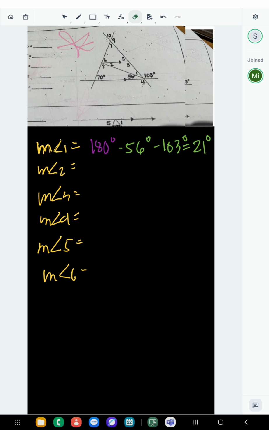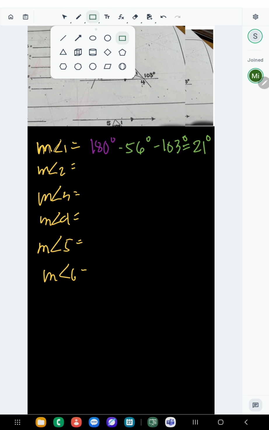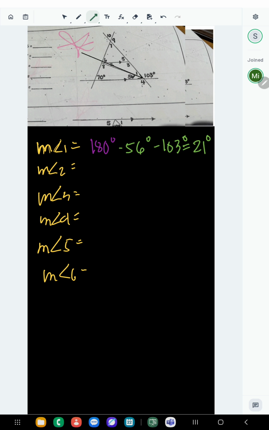So in this case, angle 2, if we extend this line in red, it's not accurate, okay? And then the two lines are parallel, so that means that is a transversal line.